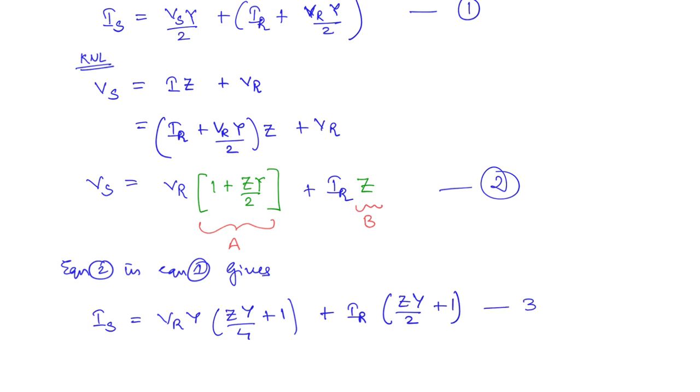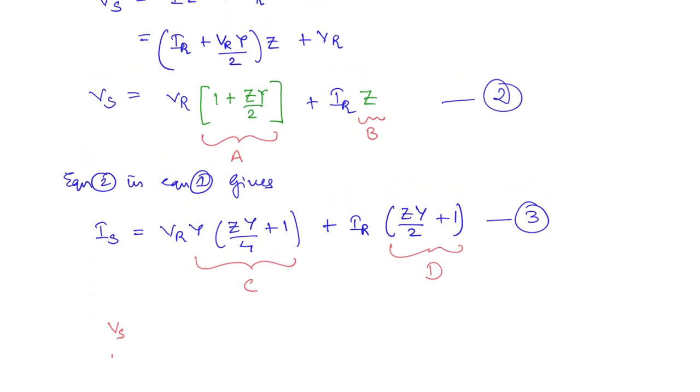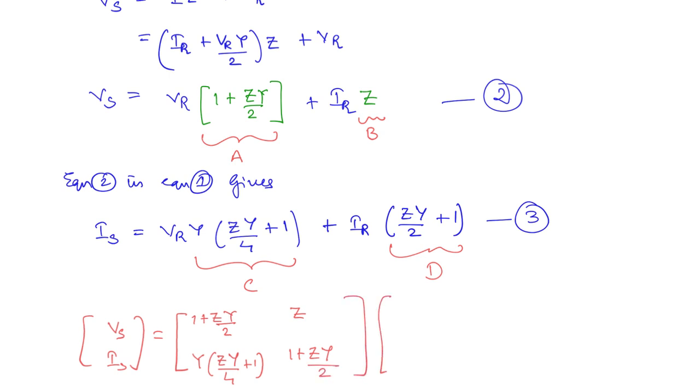So this you can take as the third equation. Here itself you have C and D, right? So now we have the ABCD parameters: Vs and Is is equal to A is 1 plus Zy by 2, B is Z, C is Y into Zy by 4 plus 1, and D is 1 plus Zy by 2, and here you have VR and IR.